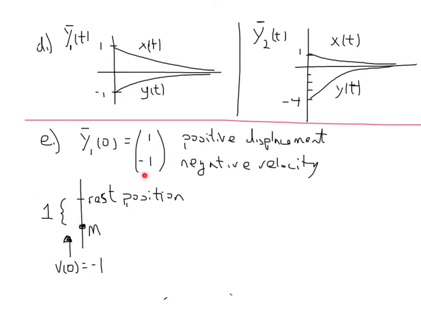And the negative velocity would mean when we release it, we're not just letting go, we're actually pushing up with an initial velocity of minus 1, so we're pushing it towards the rest position.